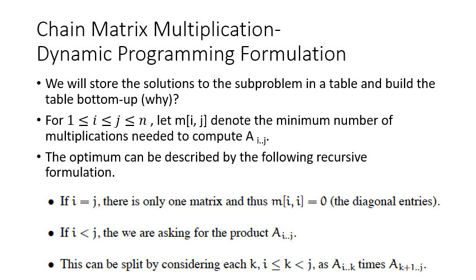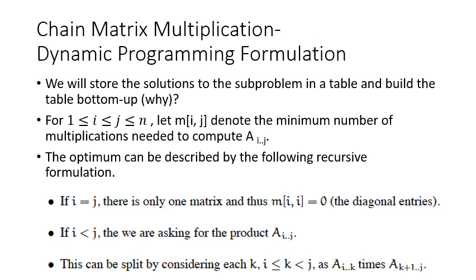Otherwise, if i is less than j, then we would be computing the product A of i to j, meaning we are multiplying the matrices from Ai to Aj. For this we have to find the value of the split, and this split k could be i less than or equal to k less than j.